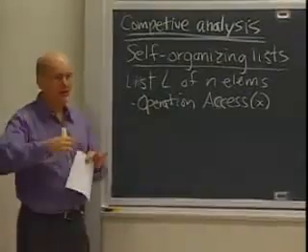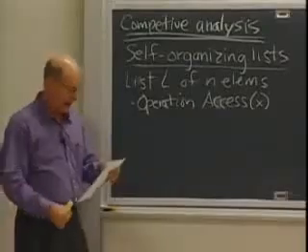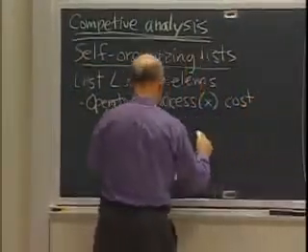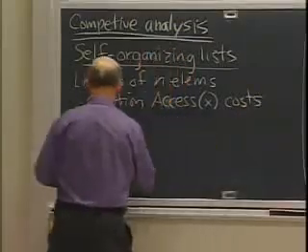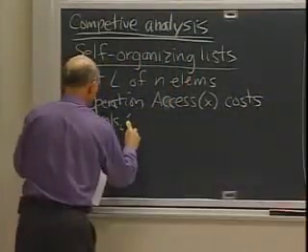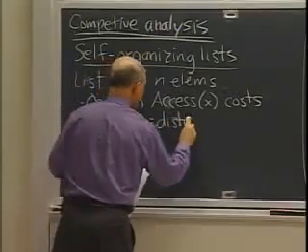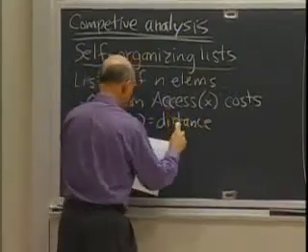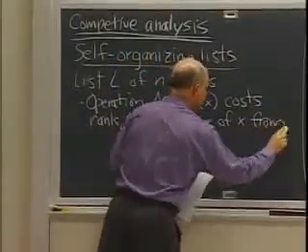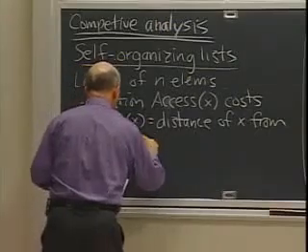Could be by searching, or it could be however you want to do it, but basically it goes and touches that element. And we're to say the cost of that operation is whatever the rank of x is in the list, which is just the distance of x from the head of the list.